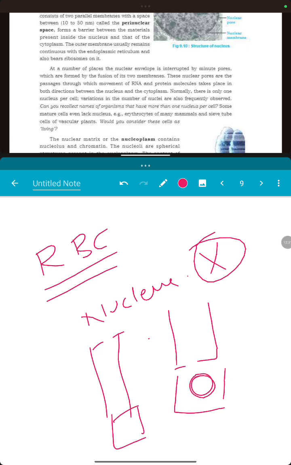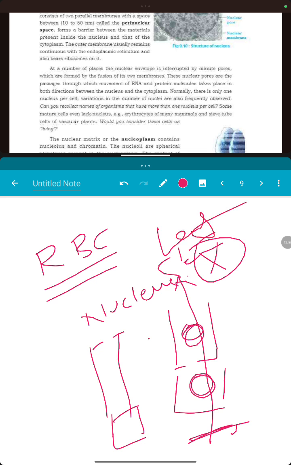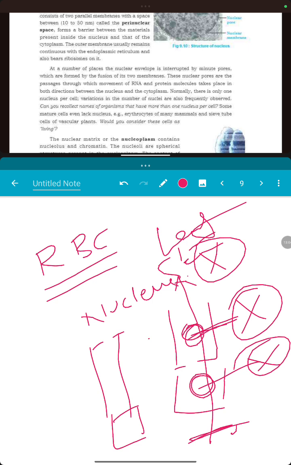So if the nucleus was present here, it would be a problem for the water to pass across the plant from roots to stem or roots to leaf. So this nucleus will be degenerated in vascular plants.